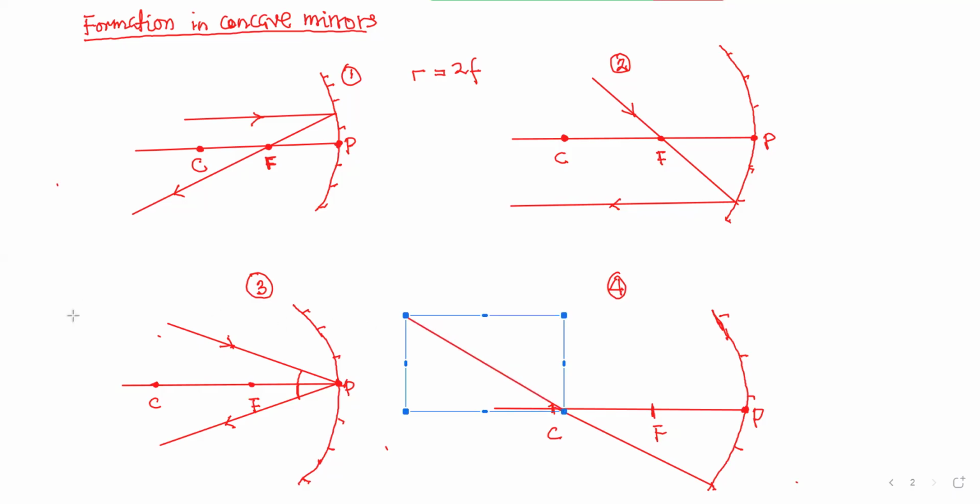So here we are assuming that the ray is coming from above here and strikes the mirror at an angle of 90.